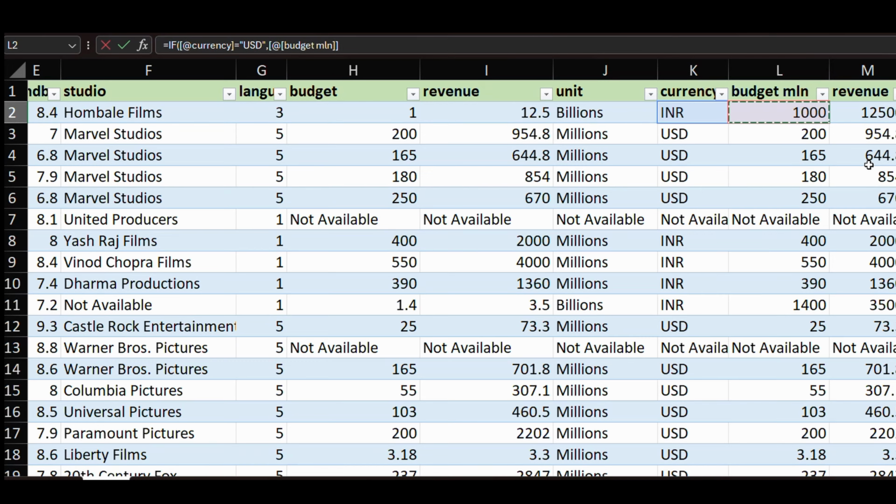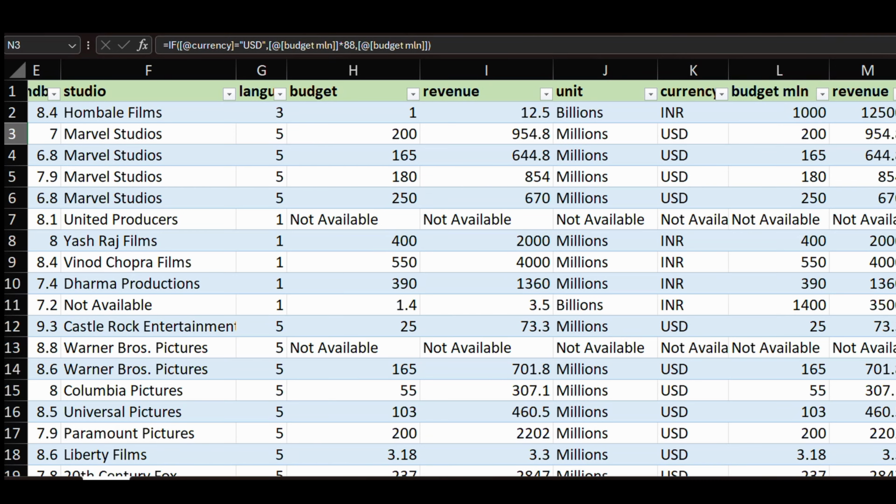So tell me the exchange rate. What is the value right now? $1 equals how many Indian rupees? I checked Google and got 88, so I am writing 88 right now. Multiply by 88, and if not, I write just the budget in million. Close.